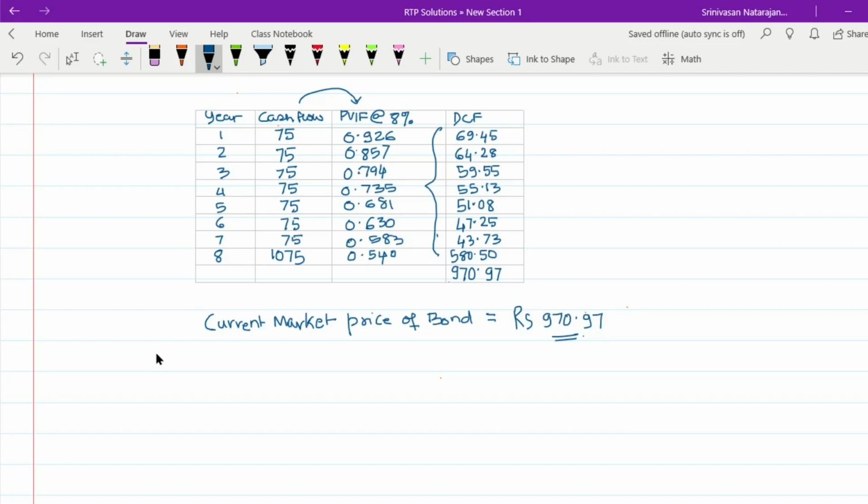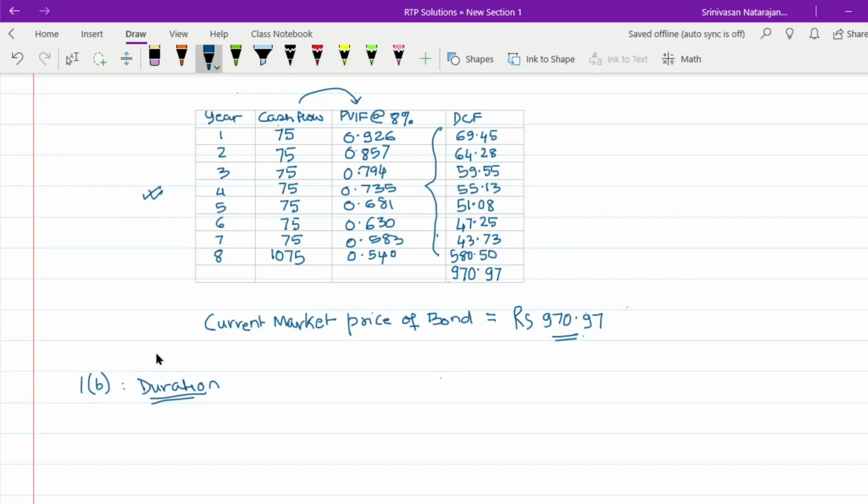Now let us solve the second subpart of that question. The second subpart, that is 1b, we are required to find the duration of the bond. Now for duration of the bond, we will use the same table which we have prepared here, but now in addition to these columns, we will introduce two more columns, one for proportion and the other for time weighted proportion.